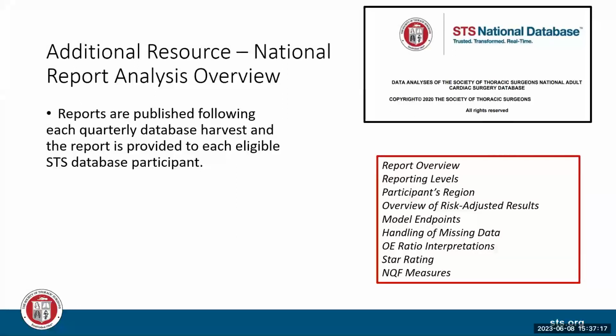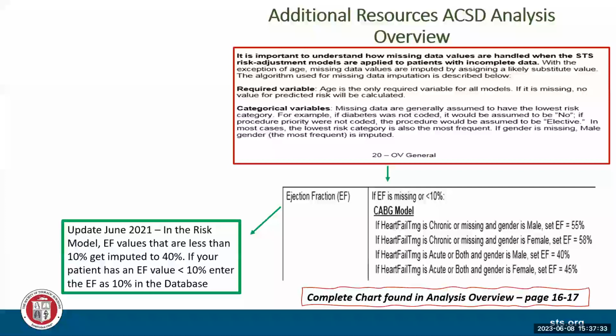You get all kinds of good information in this resource. If you don't have it, I have downloaded it and keep it on my desktop, so I have it at hand because I use it all the time. I'm just going to point out a few important things that are in there.